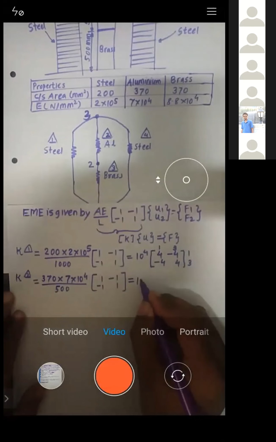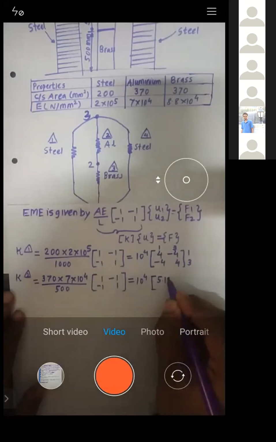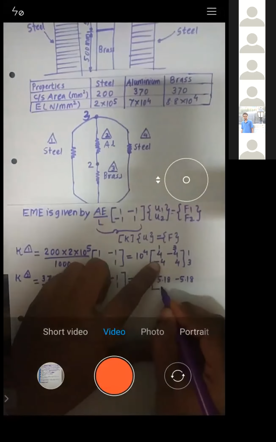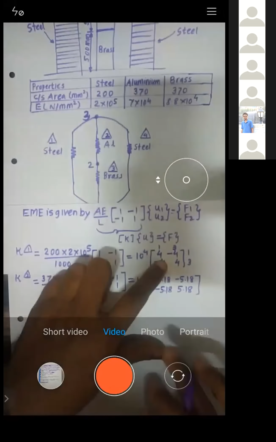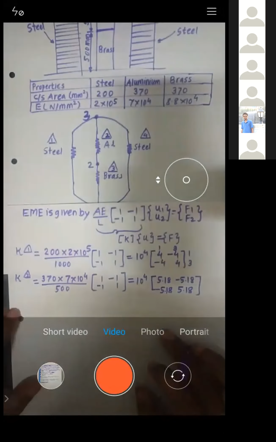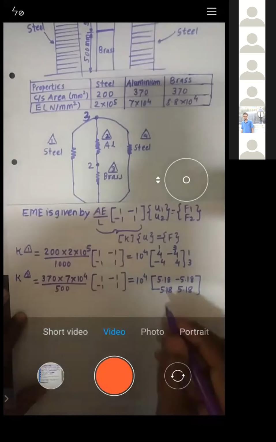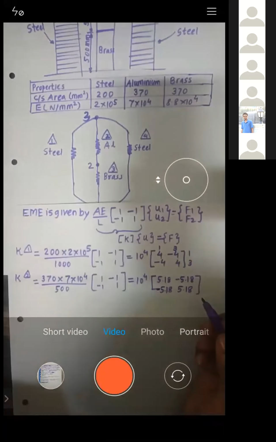So again, I will take 10 raised to power 4 common. So this is 5.18, minus 5.18, minus 5.18, and again 5.18. See, this is minus, minus 5.18, right?